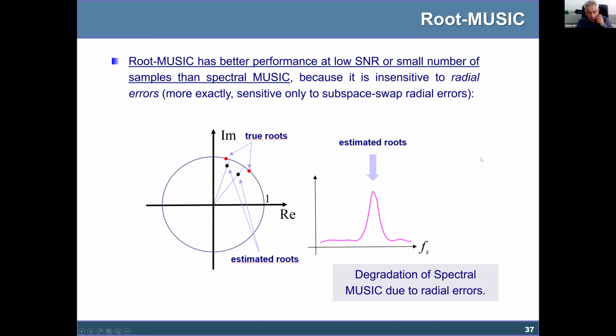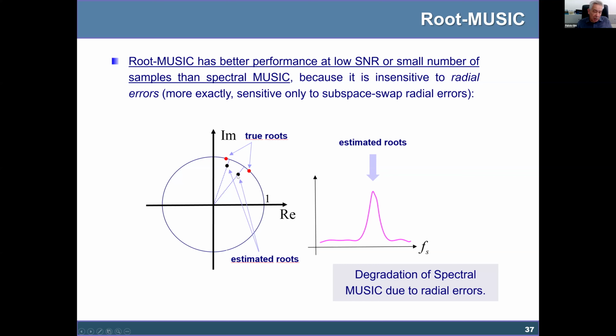Now, the situation is this. Maybe the true roots that should be on the unit circle are these two. Then there is an error both in the phase and the amplitude, and so we get these two.